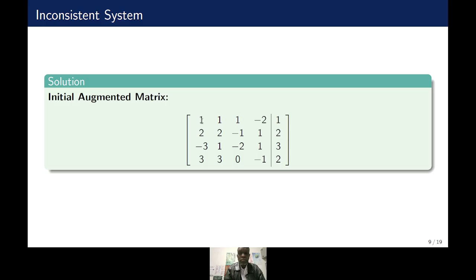Multiply row 1 by 2, subtract from there, you get 0. Multiply row 1 by minus 3, subtract it from that row, you get 0. So these 3 will be zeros. Row 3, just take it and subtract 3 times row 1.